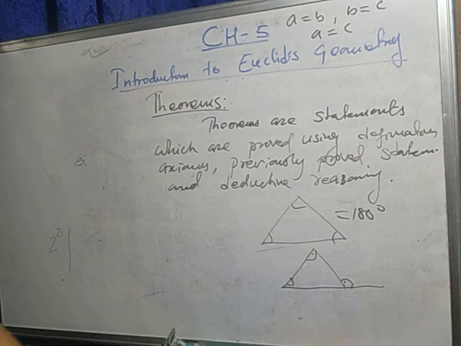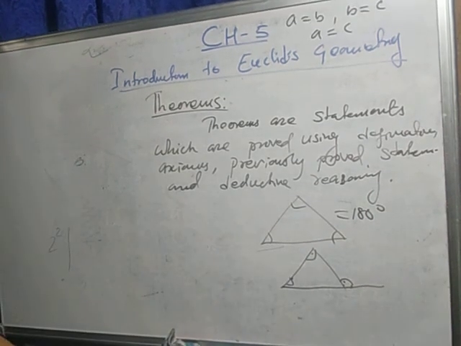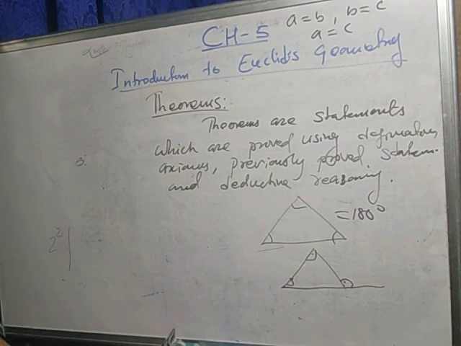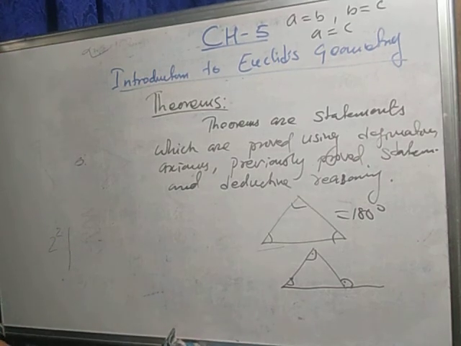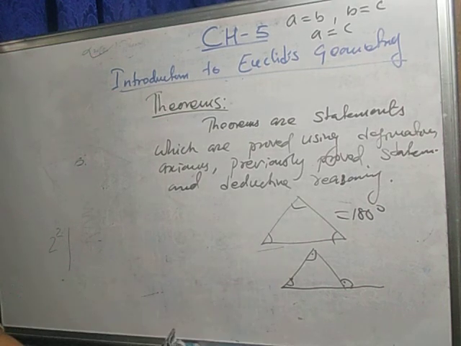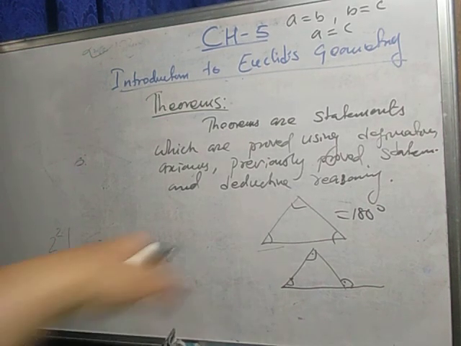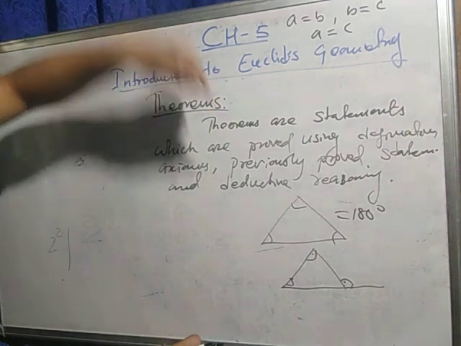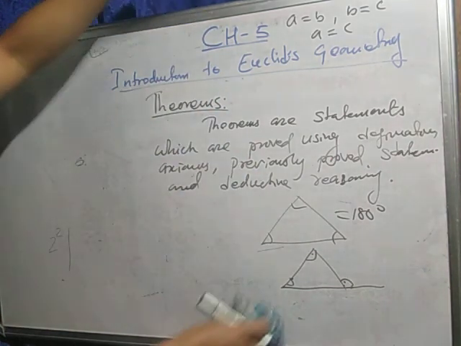In your book, one is the line theorem, one is the triangle theorem, and you have the quadrilateral theorem also. In class 10 you have the BPT theorem and the Pythagoras theorem.